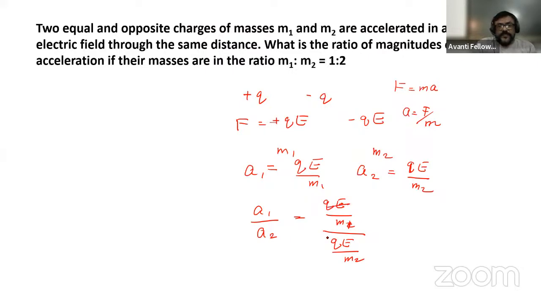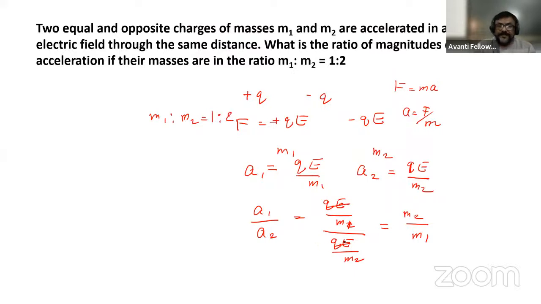QE and QE are common, so we can cancel them. This will be 1 by M1 divided by 1 by M2, which is M2 divided by M1. But what is given to us? M1 is to M2 is given as 1:2.